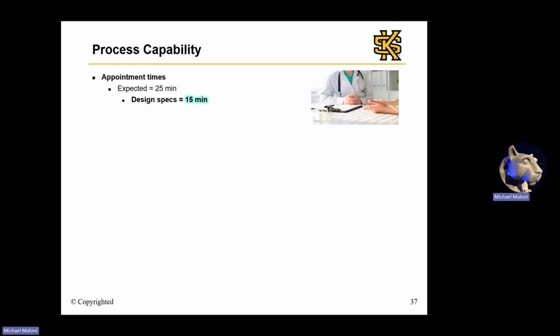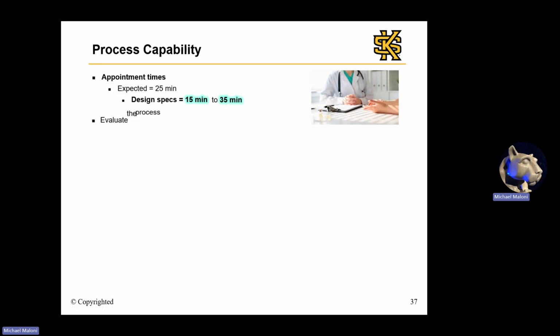That's the lower spec limit. Otherwise, they feel that they were rushed and didn't get sufficient care. However, they also don't want their appointments to last more than 35 minutes. So that's the upper spec limit. Otherwise, they feel that some of their time was wasted.